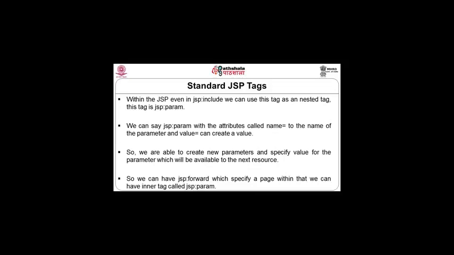The inner tag is jsp:param, with the attributes name equal to the name of a parameter and value equal to a value. So, we are able to create new parameters and specify a value, which will go as a value for the next resource, wherever we are forwarding.